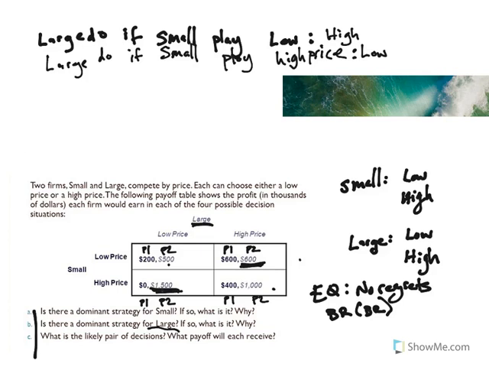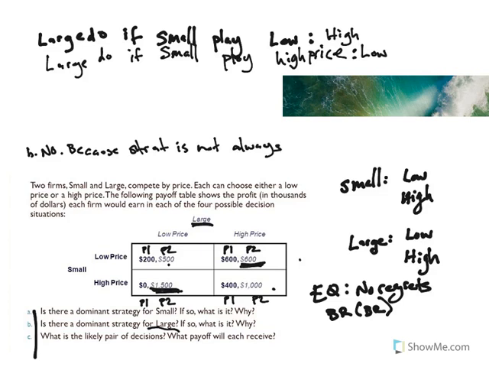So the answer to this is no. Why? Because their strategy is not always the same. It's going to depend on what the other player does. So unlike in that prisoner's dilemma where both of our players had a dominant strategy, there is no dominant strategy, at least for the player large.